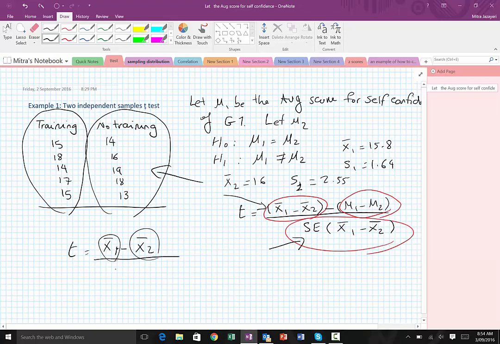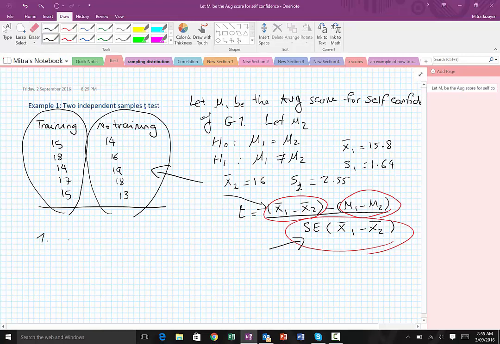And then the denominator, standard error of x bar 1 minus x bar 2, measures how much difference should exist between the two sample means if there is no treatment effect that causes them to be different.